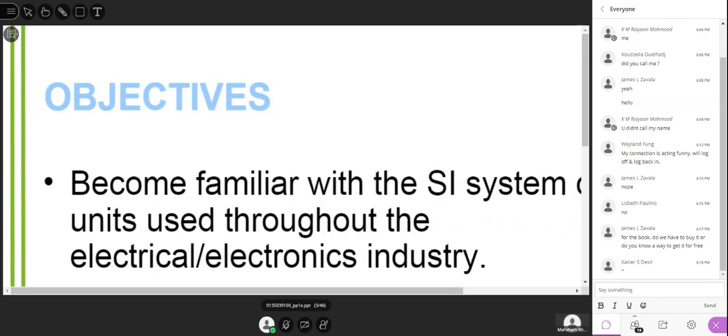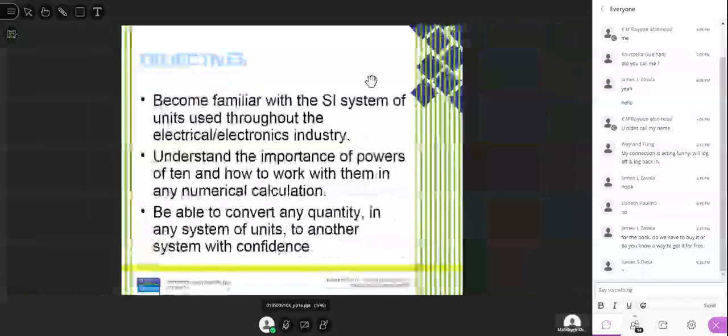So as I said, we are going to become familiar with the SI system of units, understand the importance of the power of 10 and how to work with them in numerical calculation, and how to convert any quantity in different units and another system with confidence. When we say different units and different systems, we mean like the SI system or the imperial system.